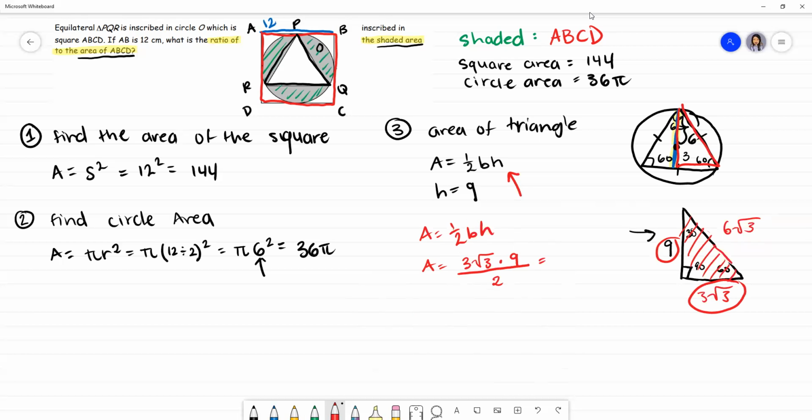which is equal to 27 root 3 over 2. I'm just going to stop simplifying it right here. So that's the area of this portion. So to find the whole area of this triangle, we just multiply that by 2.